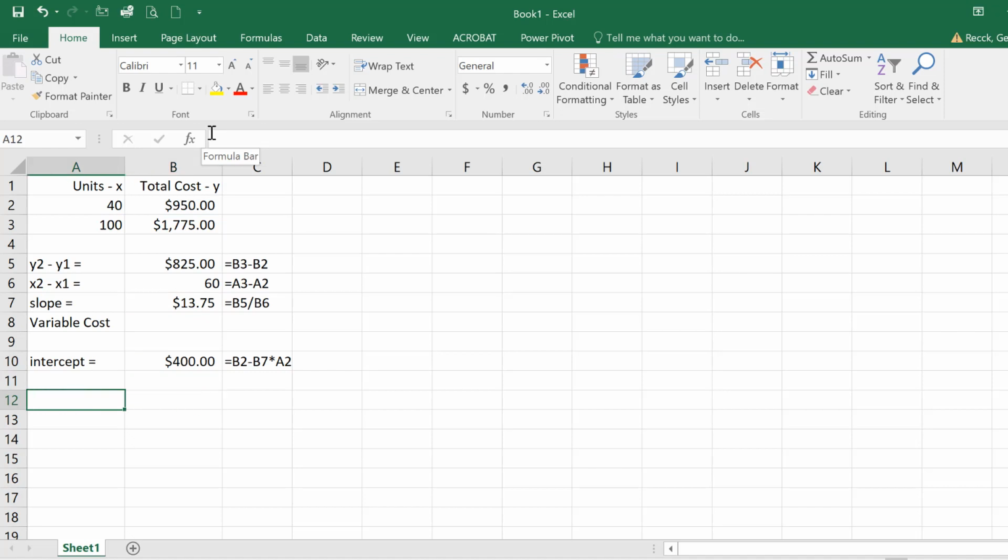And that of course becomes our fixed cost.